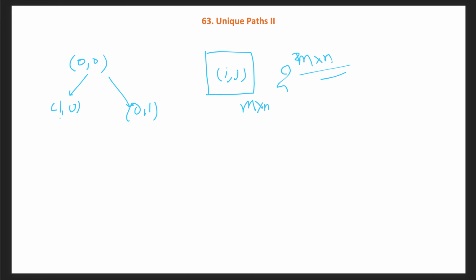From here again I can go to the second row and the same column 0. Let's say the grid size is 3 comma 3, same as the previous example. Again from here I can go to the next column, so this is 1 comma 1. From this as well I can go to the next row in the same column 1, and again I can go to the 0th row and second column.